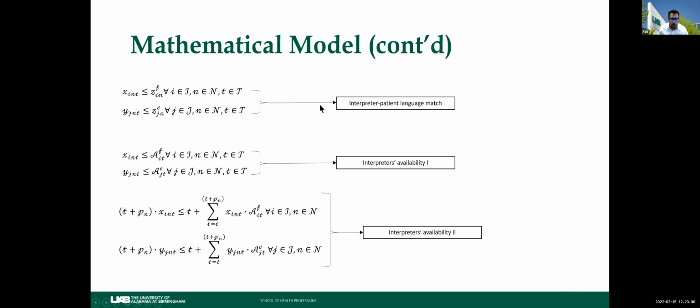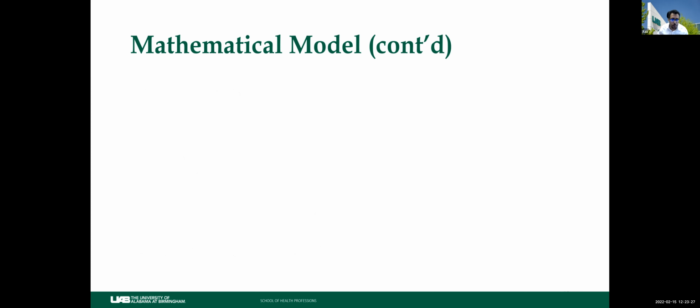This is called the total availability. So once we assign an interpreter to a patient, we cannot assign throughout the whole break. So the interpreter has to be idle the whole break.